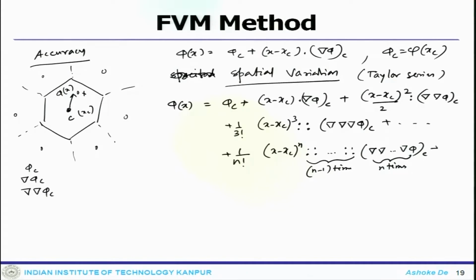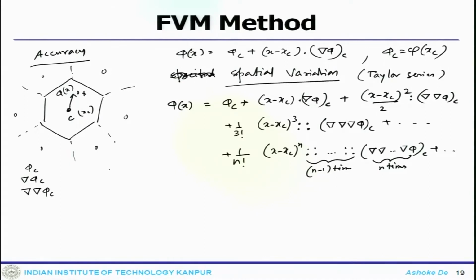Here x minus x c is essentially the distance vector between these two points, and the del C, triple del C terms retain the second derivative, third derivative, nth derivative, like that. This is how you express your spatial variation, given a value at centroid C.